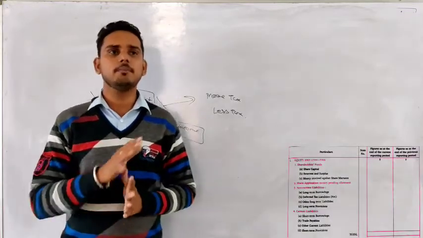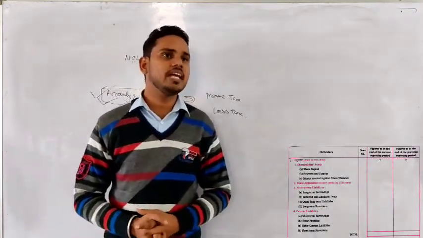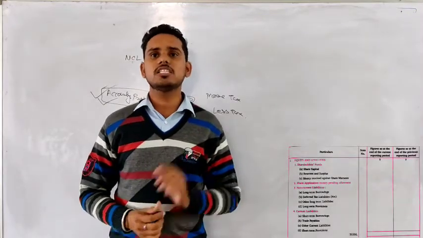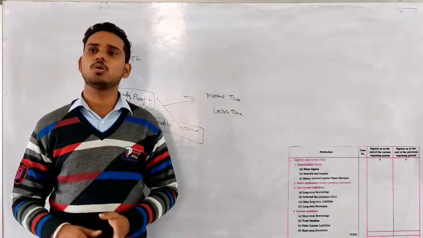So these are the major heads and subheads up to non-current liability. In our next class, we will see the subheads of current liability and all the major head and subhead information of the asset side.